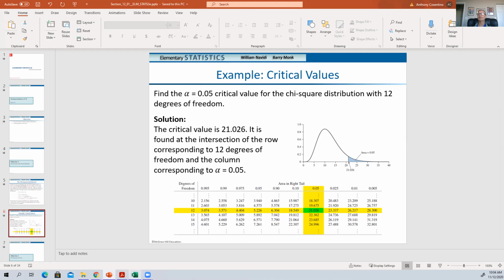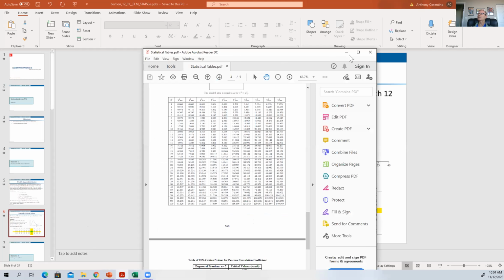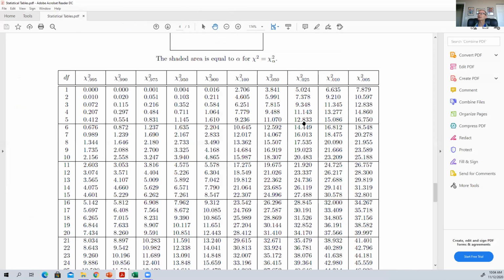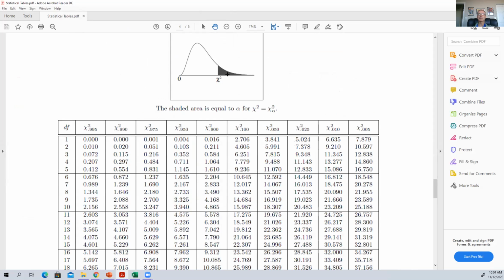What's a little weird about this table compared to the z-score and t-score tables is that it's a right-tail one. You can see that 0.05 in this case is 5% to the right. The table that I uploaded to our Canvas site is set up exactly the same way.